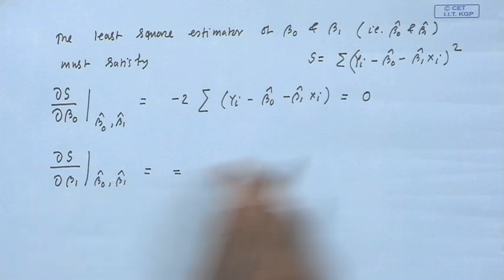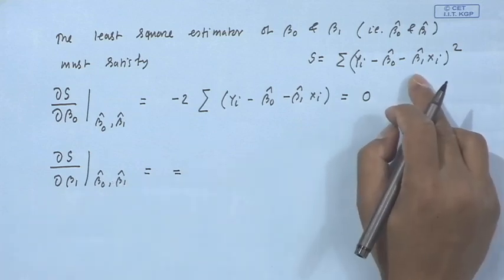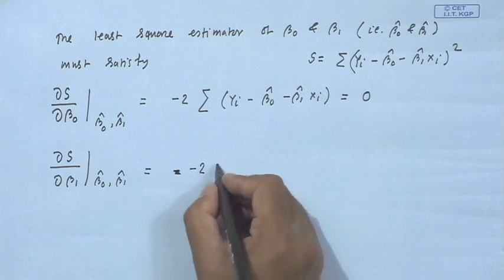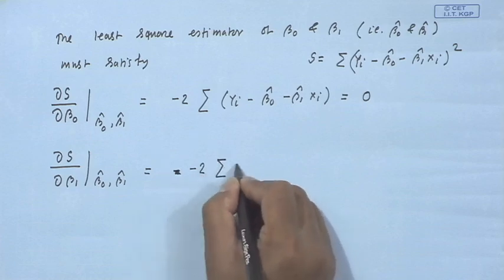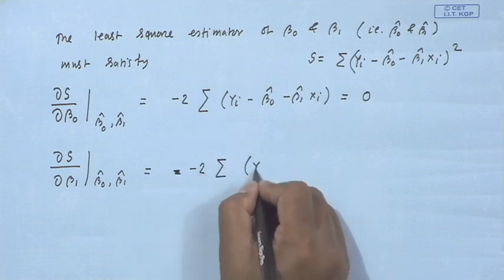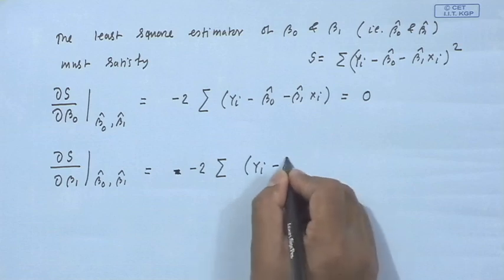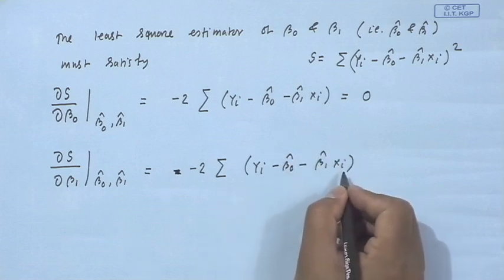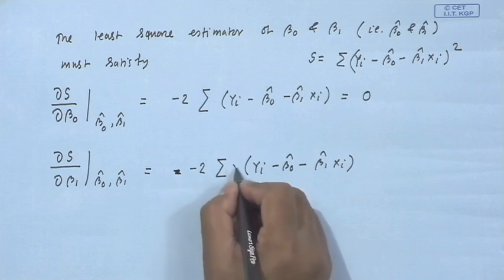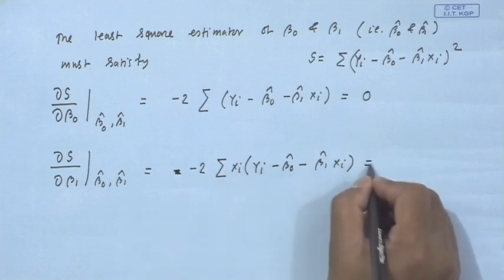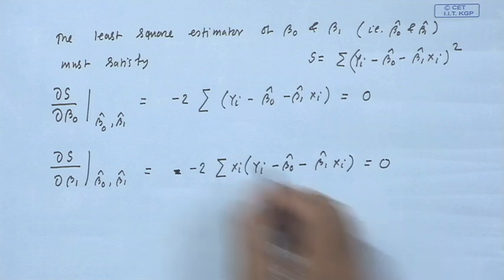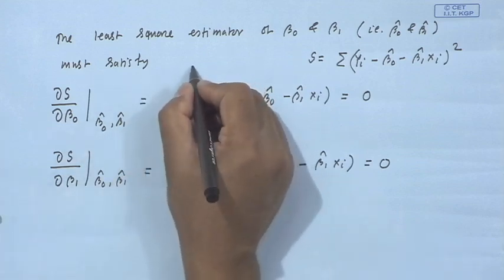Now we are differentiating with respect to beta 1. So, that is equal to minus 2 summation y I minus beta naught hat minus beta 1 hat x I into x I, right. So, this is equal to 0. These two equations are called normal equations.